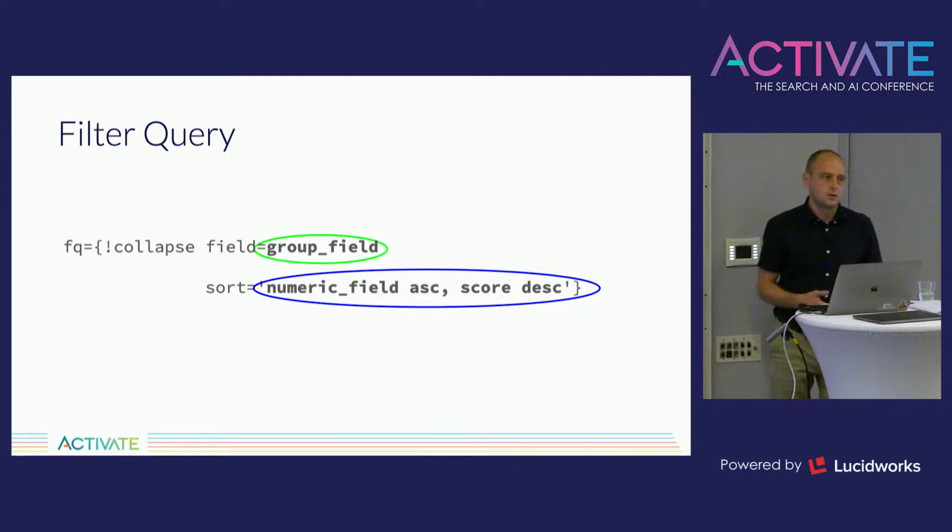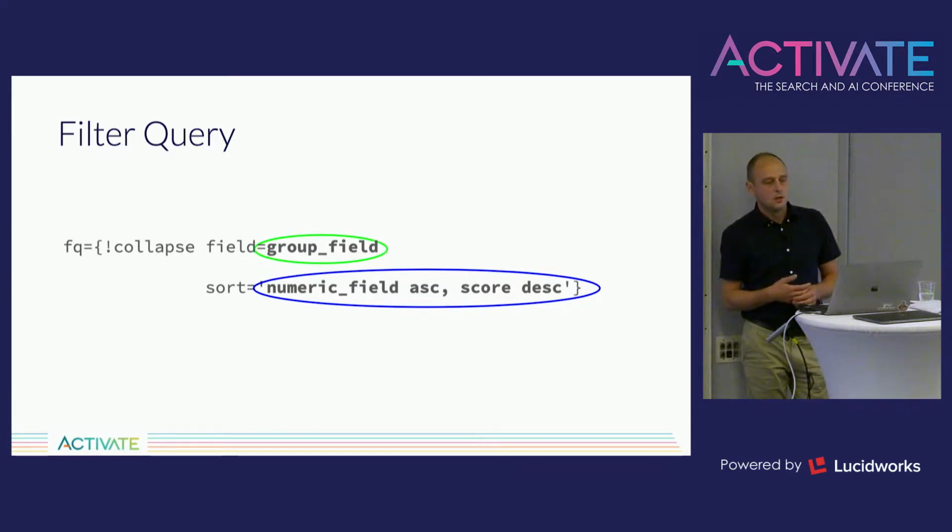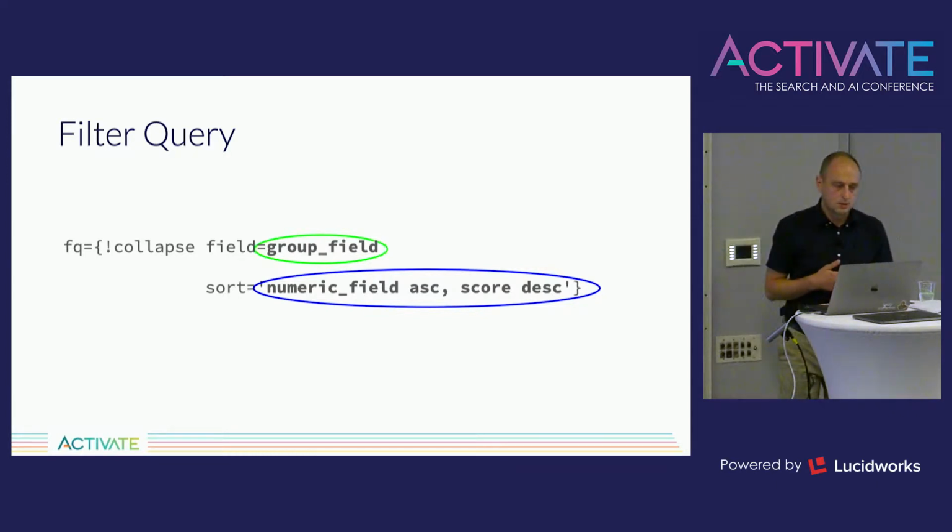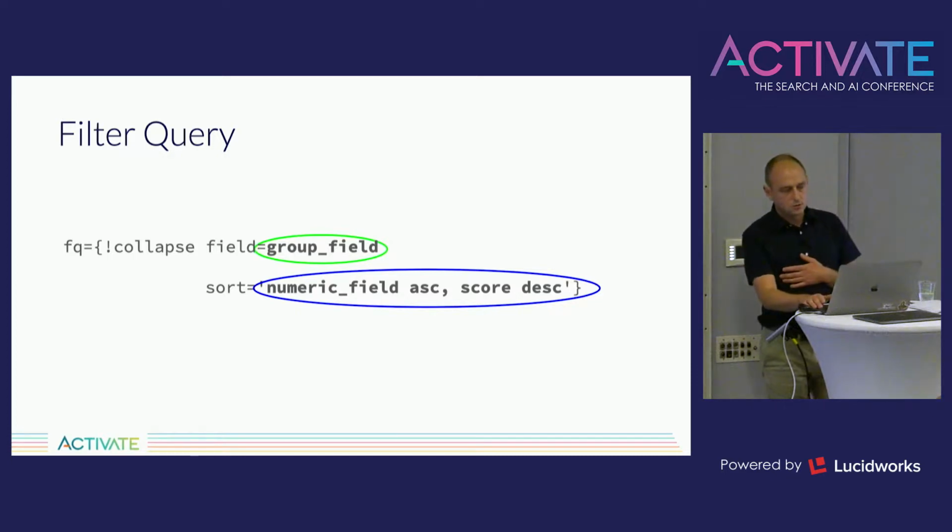We have added to our queries a filter query that executes the collapsing query filter, and the field by which we wanted to group offers was the product identifier, and we also have to set a sort expression for choosing the best offer that will be presented for each product.